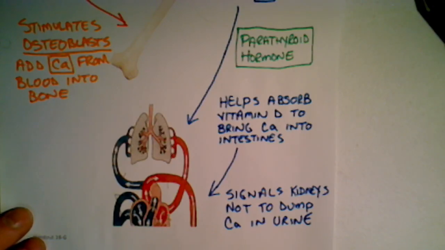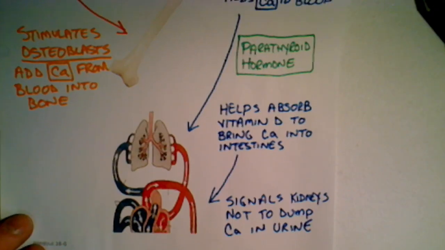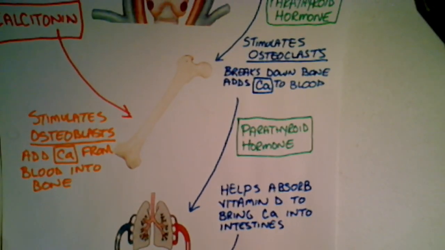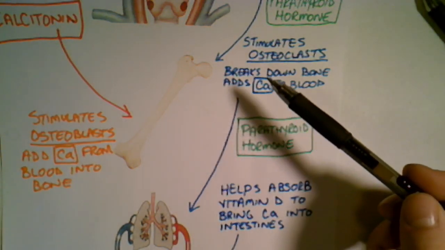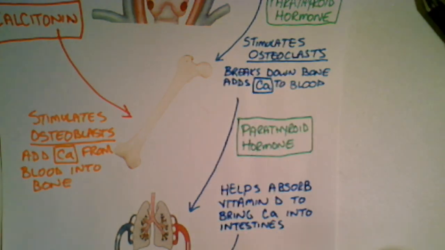Remember that we need to have calcium for those other processes like muscle contractions. So we will rob the calcium out of our bones before we take it from anywhere else so that we can keep our muscles contracting. So this is calcium regulation. It's pretty cool.